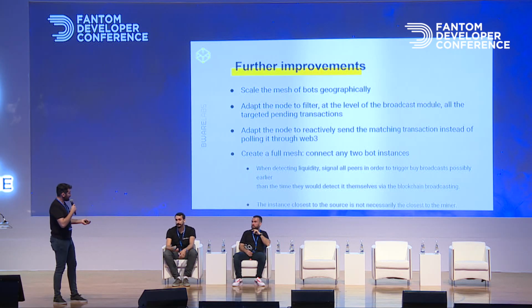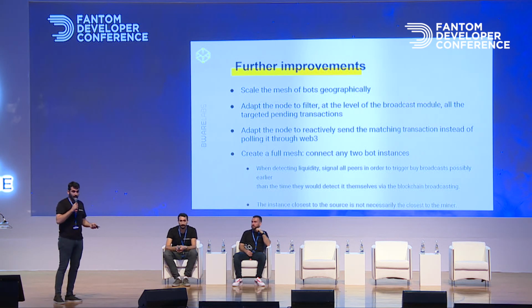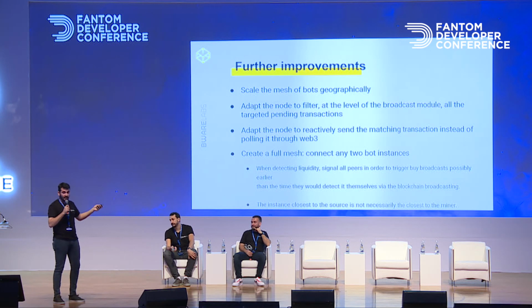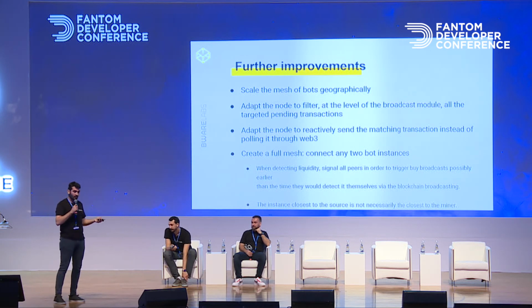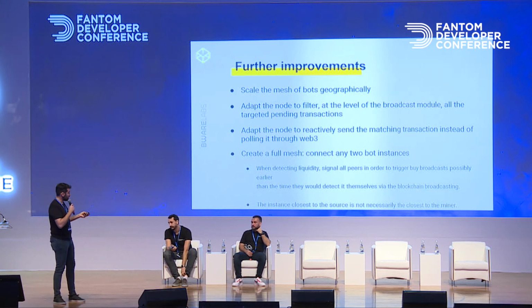And about further improvements that we haven't implemented before, the first one we already discussed is the scaling up of the network of bot instances. And the second and the third one are somehow related. They mean modifying the Fantom full node in order to filter out the pending transactions, which can be a lot of them, at the level of the peer-to-peer module.